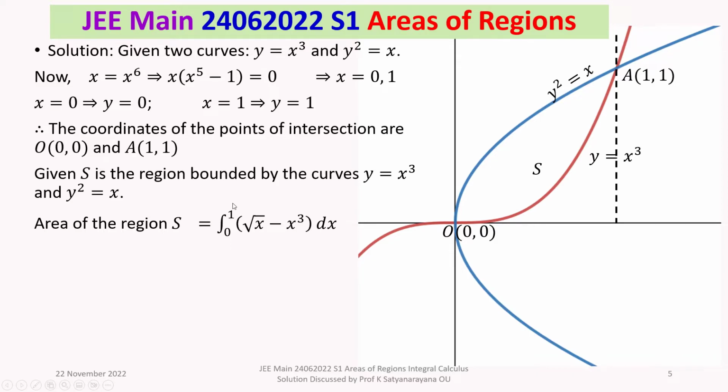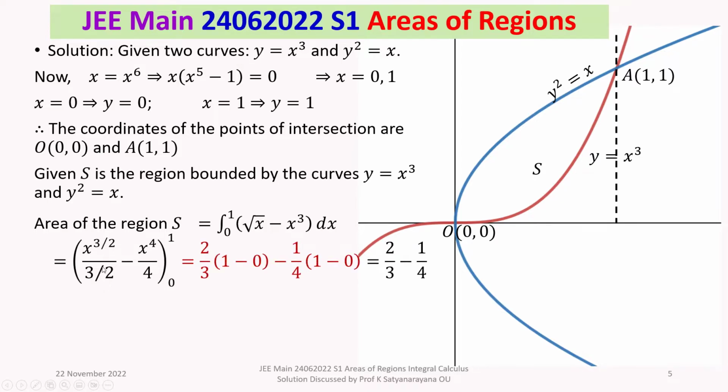So integral 0 to 1 of root x minus x cube, in brackets, with respect to x. If you integrate, the first one will be x to the power of 3 by 2 by 3 by 2 minus x to the power of 4 by 4, to be evaluated between the limits 0 to 1.